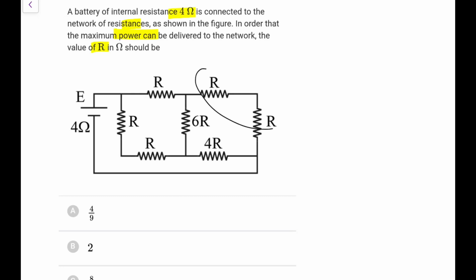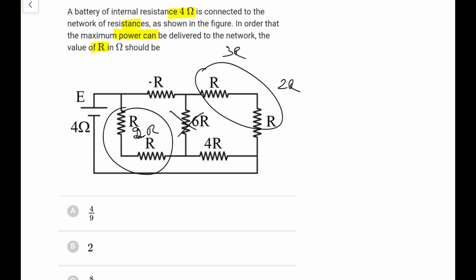Here this is 2R, this is 2R, a balanced Wheatstone bridge 1:2, 1:2, so the middle 6R will cancel out. R and 2R become 3R, 2R and 4R become 6R, and 6R and 3R in parallel become 2R. 2R should equal small r, so capital R should be r by 2, that is 2 ohms. So go for option B.